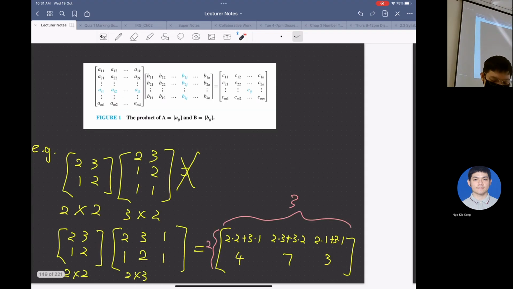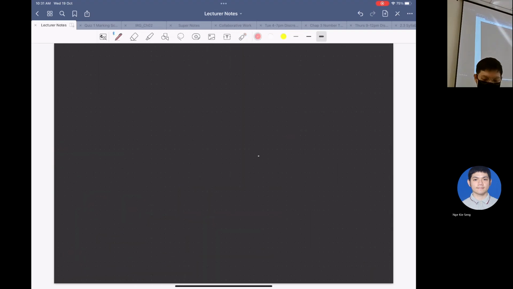And then next. Just now we introduced the identity function, right? So now we also introduce the identity matrix. You say the identity function sends elements to elements.